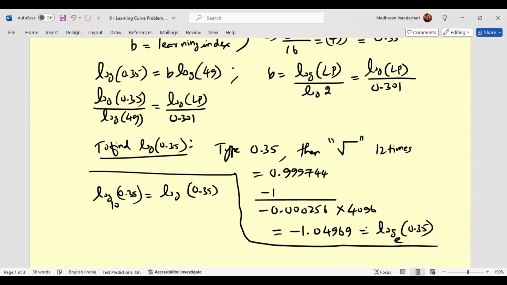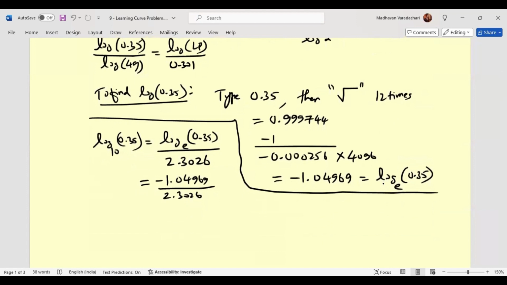Which is logarithm of 0.35 to the base e divided by a constant 2.3026. So substituting this value, what we already found, we get this. Again, if we evaluate this, we will end up with minus 0.4559.